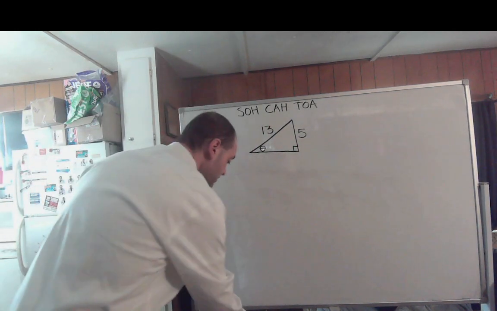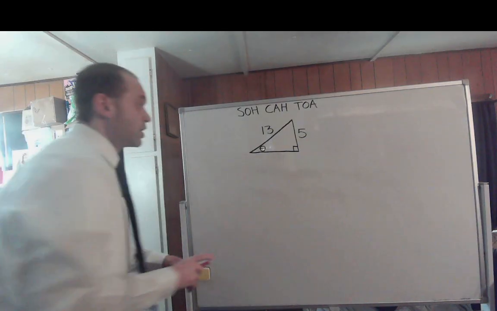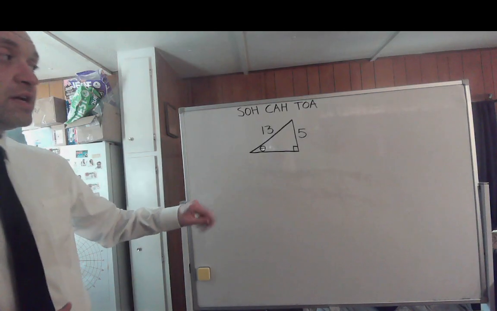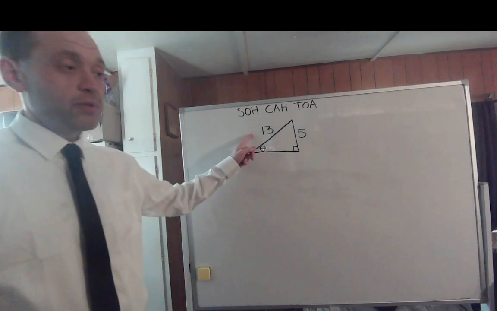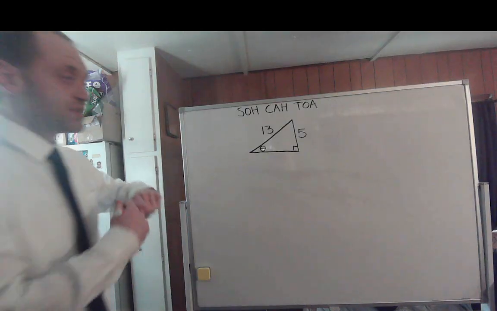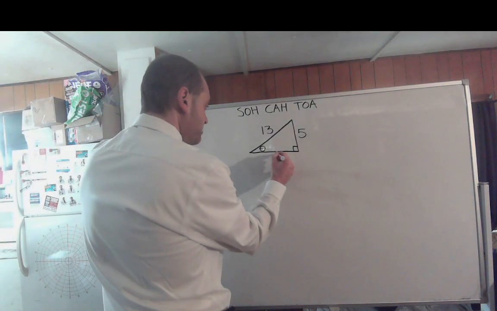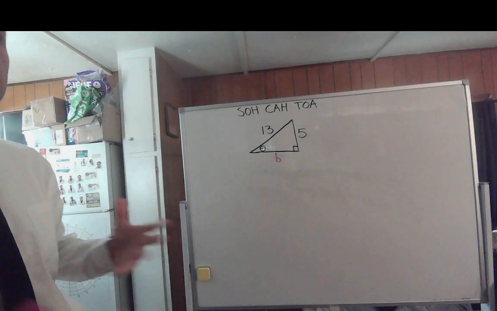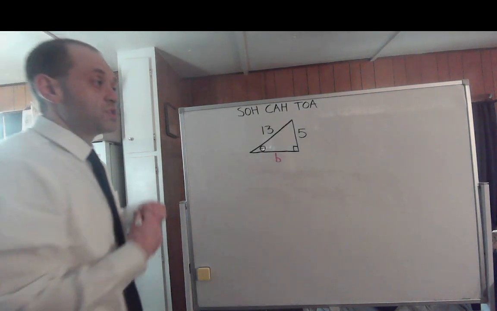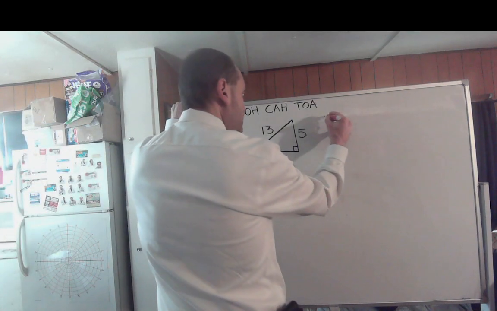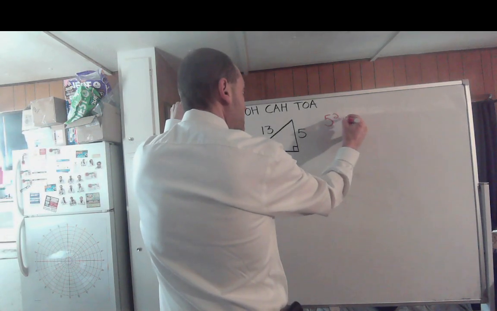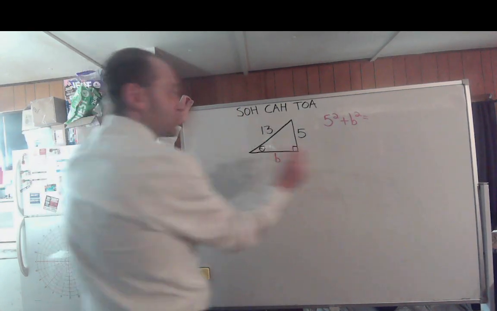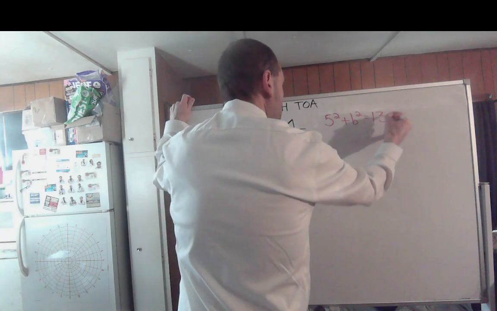So we have another right triangle where we know two of the lengths of the legs. We know the length of one leg and the hypotenuse. We still don't know the length of this other leg. So let's call this length B again. We need to find that before we try to find the value of the trig functions. So use Pythagorean theorem, you would take 5 squared plus b squared equals that hypotenuse squared of 13 squared.